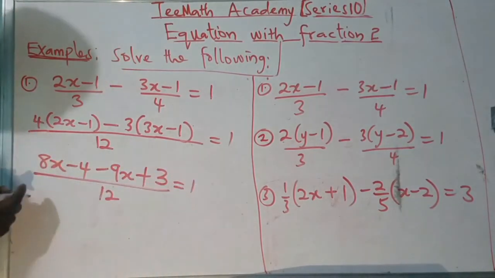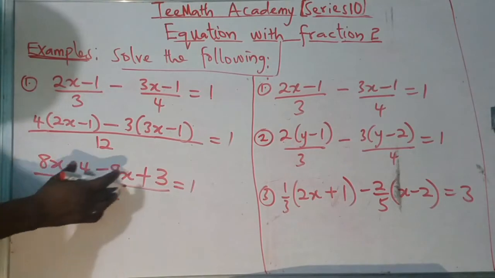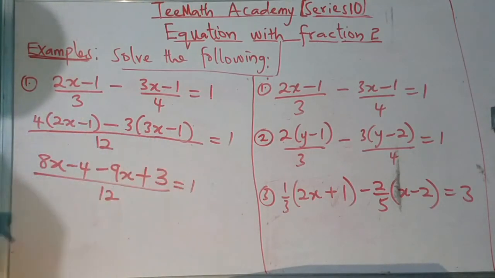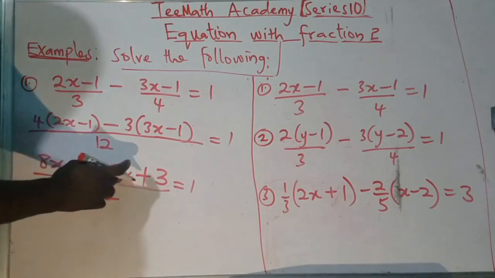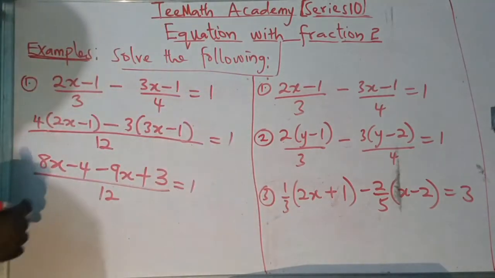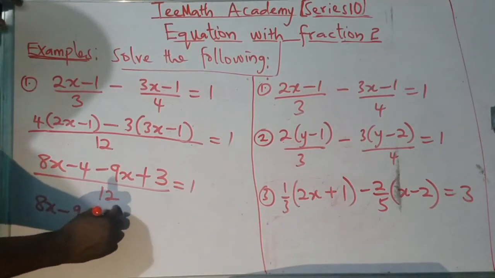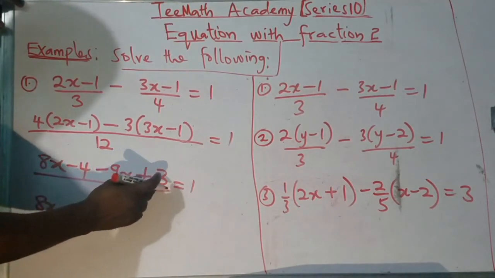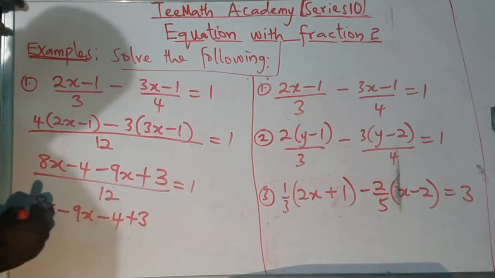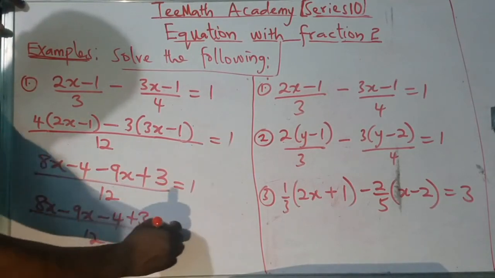And here, we can collect the like terms. When you're collecting the like terms on a single side, the sign will not change. None of this number is going there. Okay, so that will be 8x minus 9x minus 4. This sign of 3 is plus 3 over 12. Everything is equal to 1.